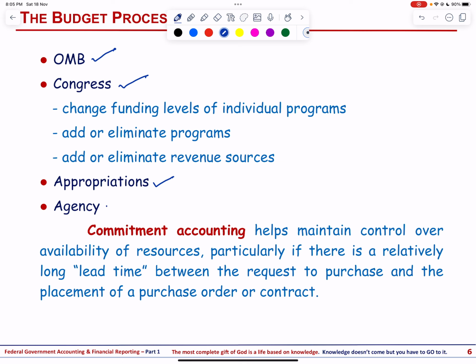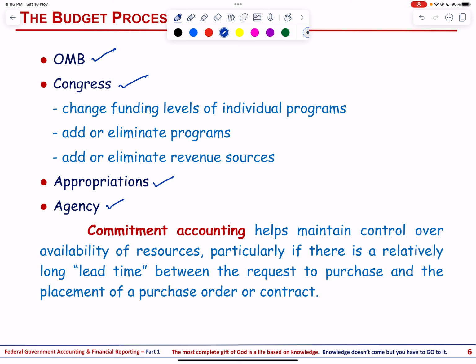Now, the agency revises its proposed budget in accordance with the appropriations and submits a request for apportionment of the appropriation to the Office of Management and Budget, OMB.